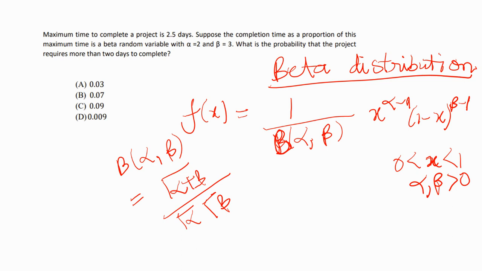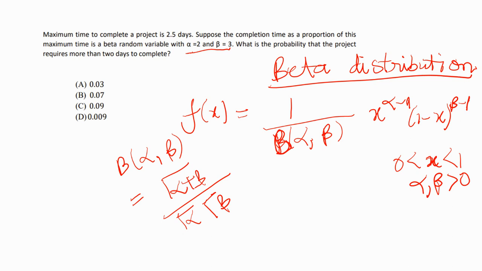What is given here is a random variable with alpha equal to 2, beta equal to 3, and the maximum time to complete a project is 2.5 days. Now we need to find the probability that the project requires more than 2 days to complete.